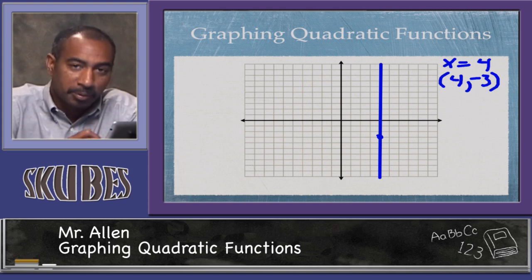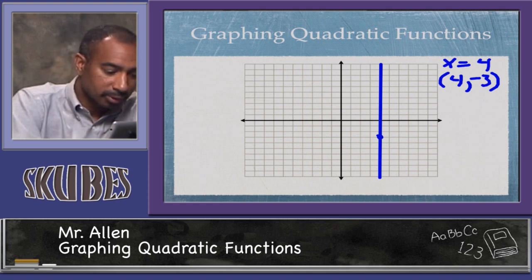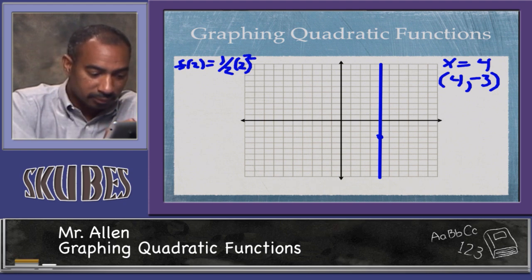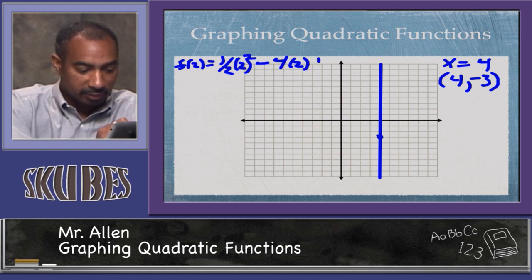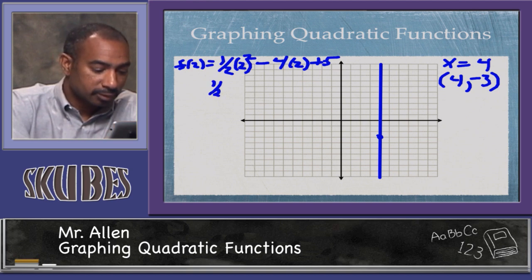So for example, I'm not going to pick an odd number. This is 4, that's 3 here. I'm going to pick 2 because I have a 1/2 as a coefficient. So f of 2 is going to be 1/2 times 2 squared minus 4 times 2 plus 5. All right, so when you square that, that's going to be 1/2 times 4 minus 8 plus 5.